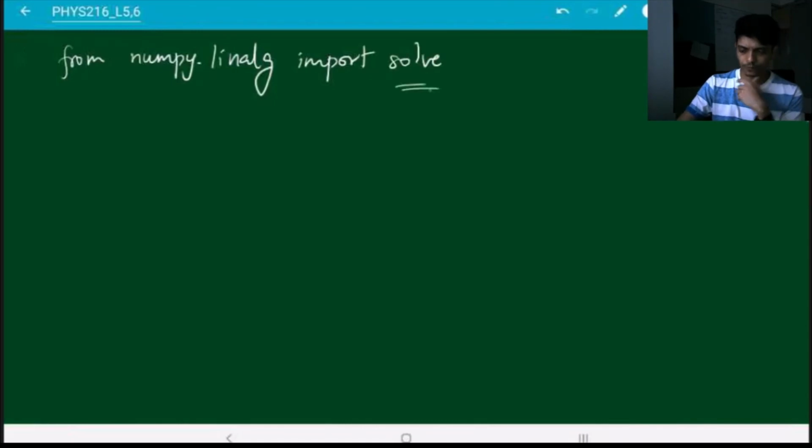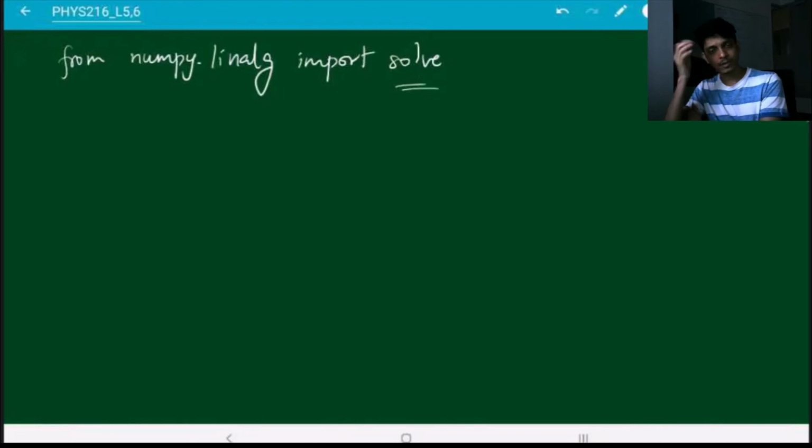And what this solve does is it solves a system of linear equations for you. You can look up the documentation online. And the way it solves these linear equations is by using this LU decomposition. So in general, LU decomposition is a very strong method and it's a very common way of implementing solutions of simultaneous linear equations.